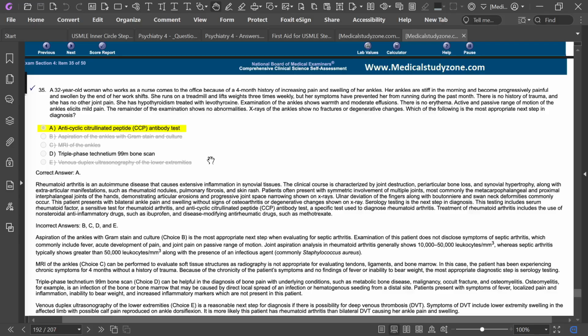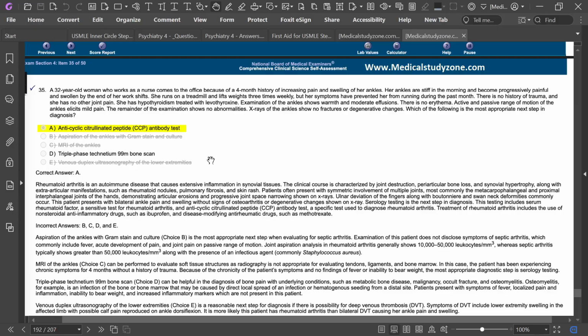This patient presents with bilateral ankle pain and swelling without signs of OA or degenerative changes shown on X-ray. Serology testing is the next step in the diagnosis. This testing includes serum rheumatoid factor, a sensitive test for rheumatoid arthritis, and anti-CCP antibody tests, a specific test used to diagnose rheumatoid arthritis.